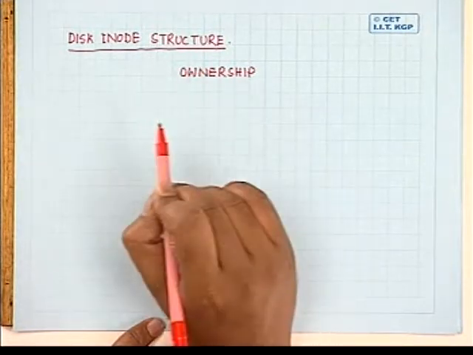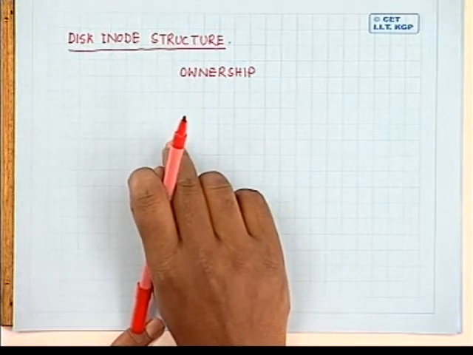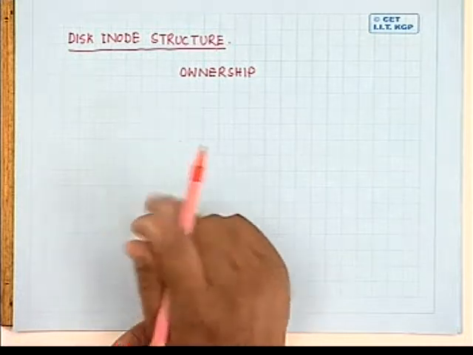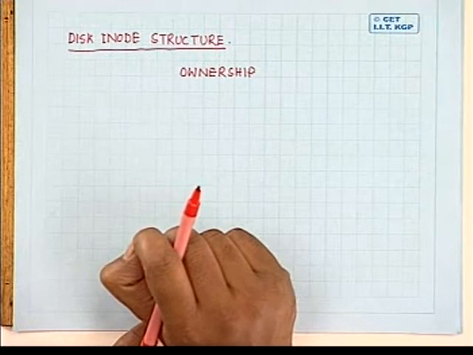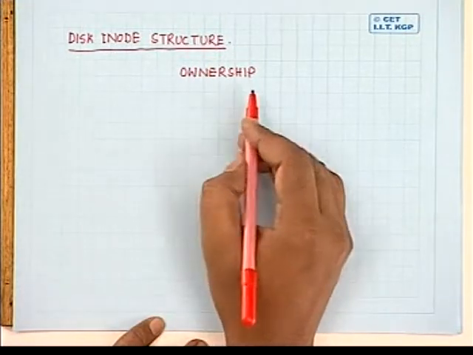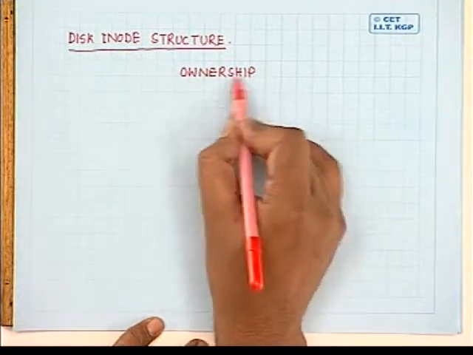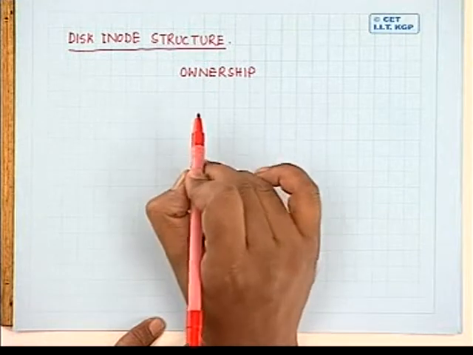Okay. Then in case of a Unix operating system in particular, we have two types of ownership. One is individual ownership, the other one is group ownership. Because you might be knowing that whenever an account is created, a user is attached to a particular group. So we have individual ownership, along with that we also have group ownership. The first ownership field is the individual ownership, that is, who is the owner of the file.